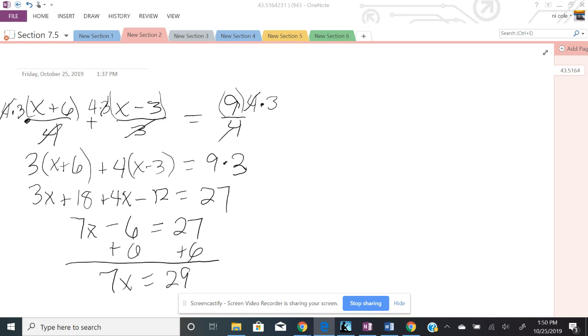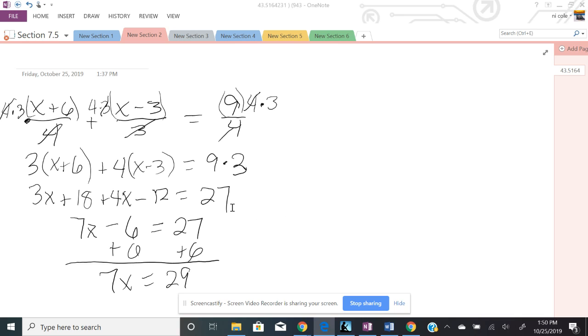Let me look at the original problem. Maybe that's what's going on. I could have written this down wrong. Here we go. So that would be 3x plus 18 plus 4x minus 12 equals that.